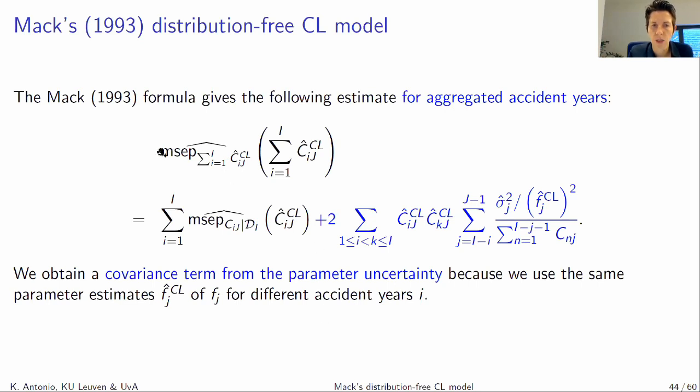You cannot just say that the mean squared error of prediction of the sum of the outstanding cumulative amount reduces to the sum of the mean squared error of predictions. That is not true, because your different predictors working on different accident years rely on the same parameters, so some covariance term will be introduced over here.